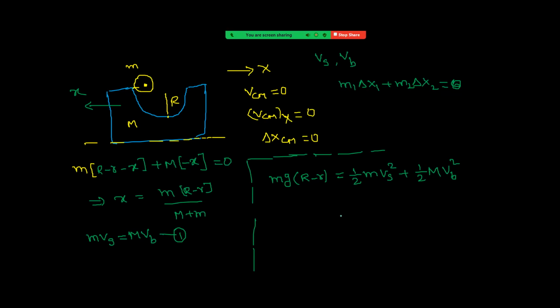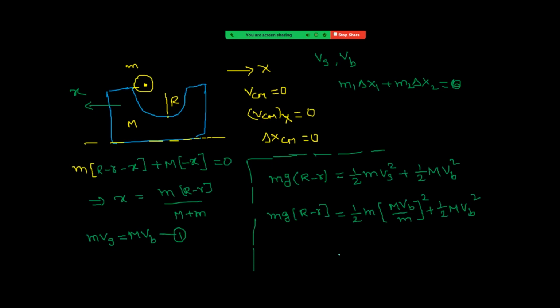So here I can replace the velocity of the cylinder. In the place of Vs, I am writing half small m into (M Vb by small m) whole square, plus half M Vb square.